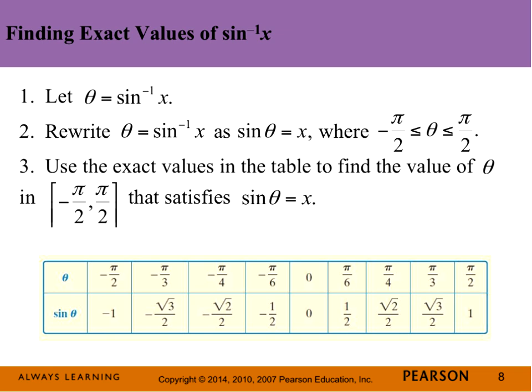We're going to flip-flop those coordinates and write it as the sine of theta equals x. And we've got to keep our restrictions here. So this is a table just showing the values taken from the unit circle here.